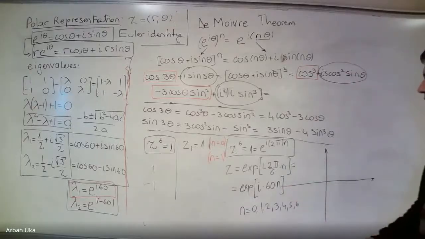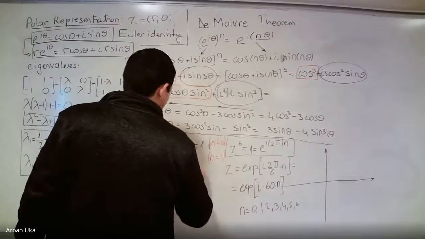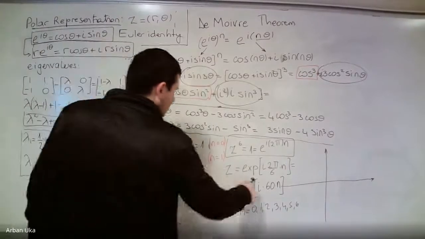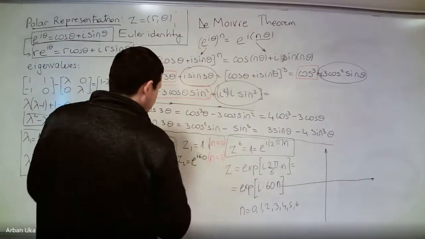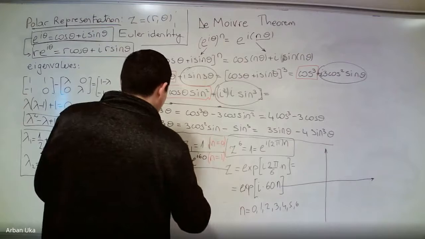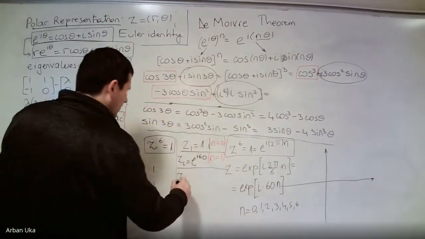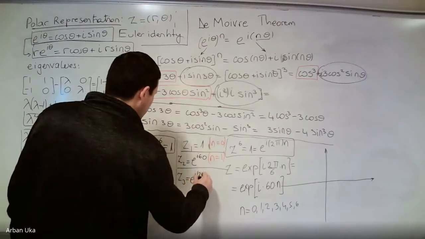If n is equal to 1, what is z2? 1 again. If n is equal to 1, this is e to the power i 60. Then the next solution, when n is 2, z3 is equal to e to the power i 120.